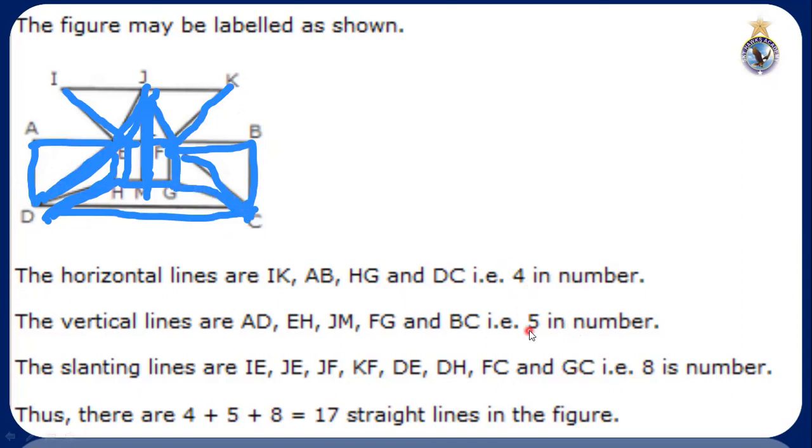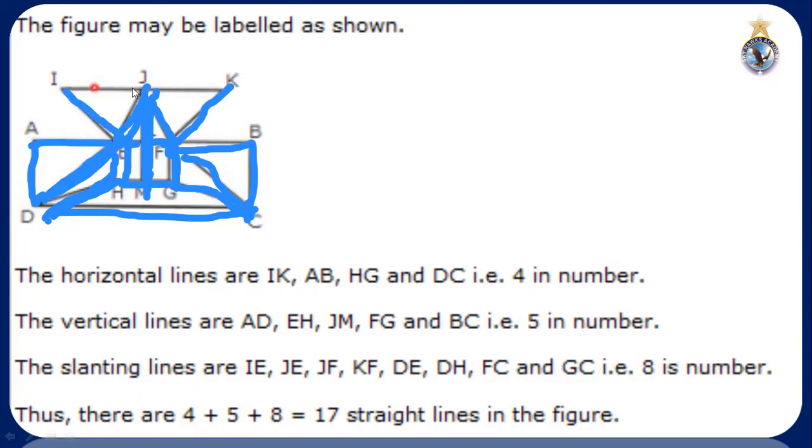Now 4 plus 5 plus 8 lines. Therefore, these four horizontal lines, 5 vertical lines, and 8 slanting lines tilted at some angle. So in total, we have 17 straight lines in the figure. There is no question of any 18. We are not missing any single line.